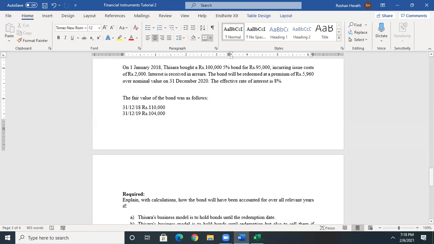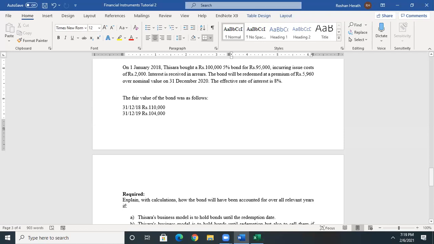The interest is received in arrears. At the end of the period, the bond will be redeemed at a premium of rupees 5,960. You bought it at a discount, but it will be redeemed at a premium on 31st December 2020.